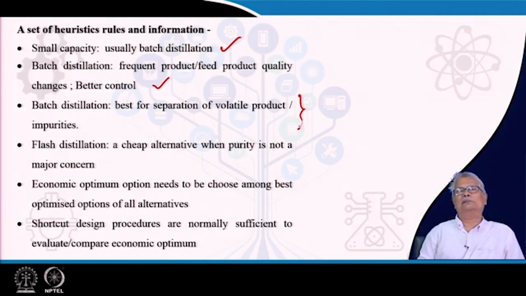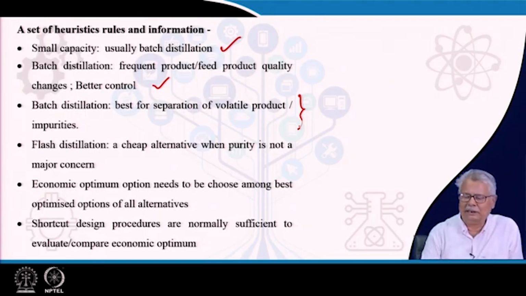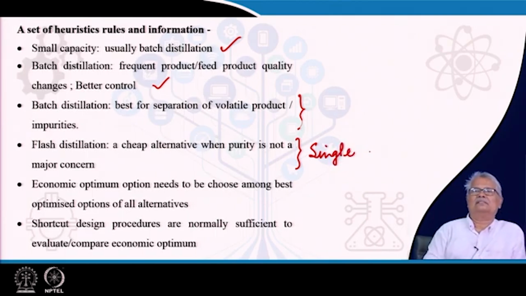We also know that similar to the batch, the simplest form of distillation is a flash distillation. It is certainly the cheapest alternative, but we have a limitation here. That means the vapor and the liquid get separated using only a single stage. So, if your single stage enrichment is sufficient for the feed, then only you can use the flash distillation.